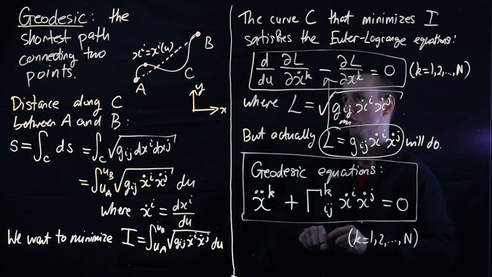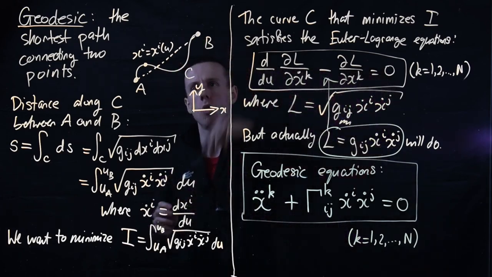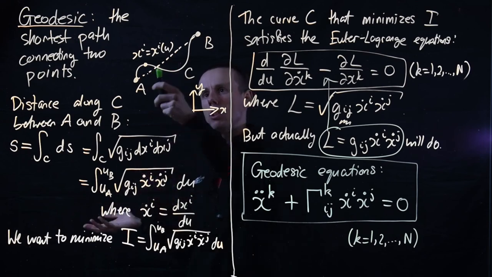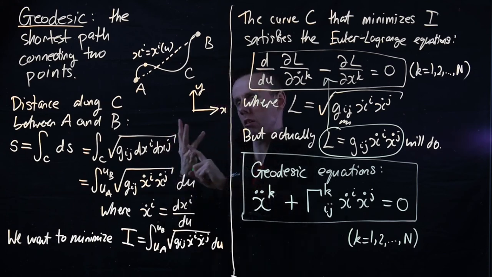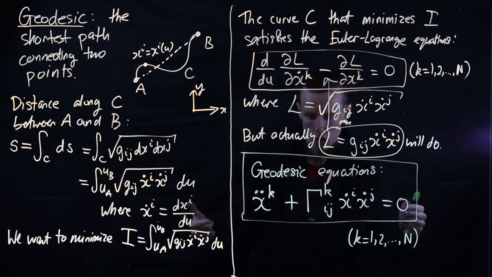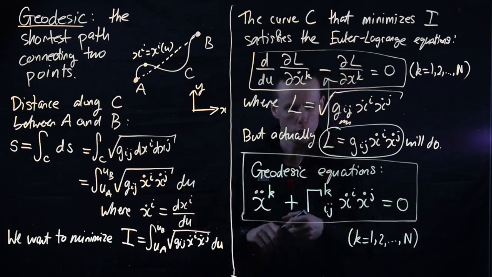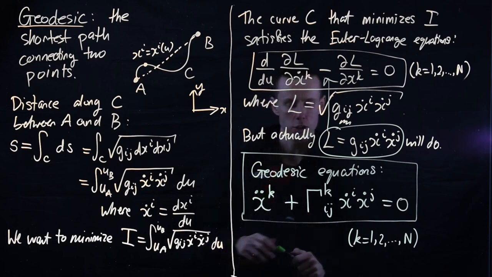So your geodesic curve, whatever it looks like, a general point on that geodesic curve has coordinates x^k, so x1, x2, up to xn, and they are a function of u. These equations tell you exactly what those coordinates look like as functions of u. These dots, remember, are differentiation with respect to u.